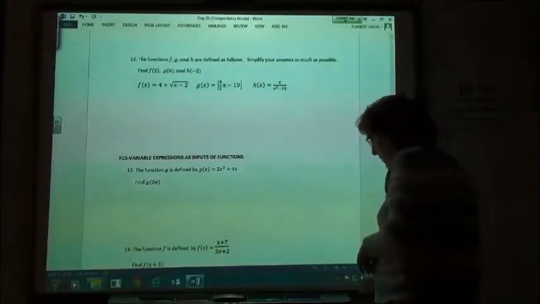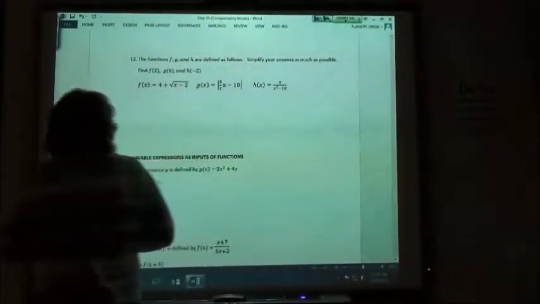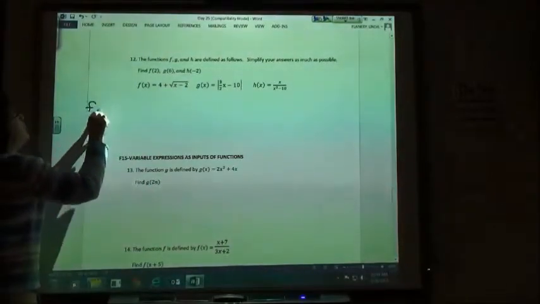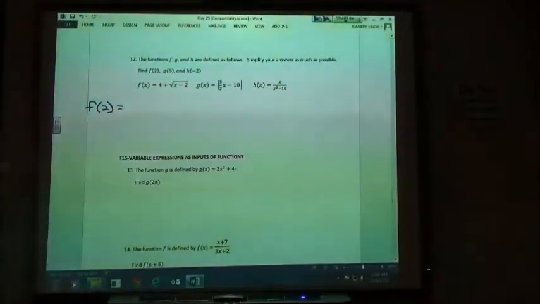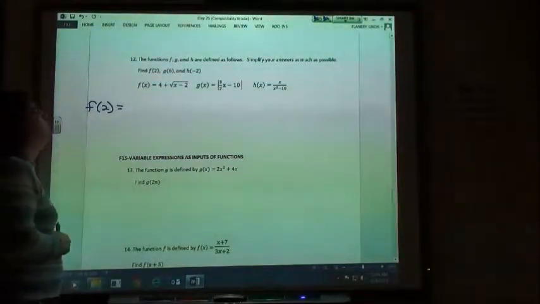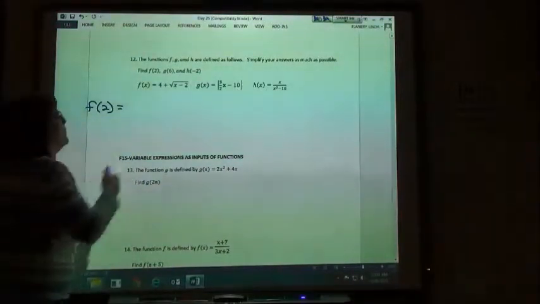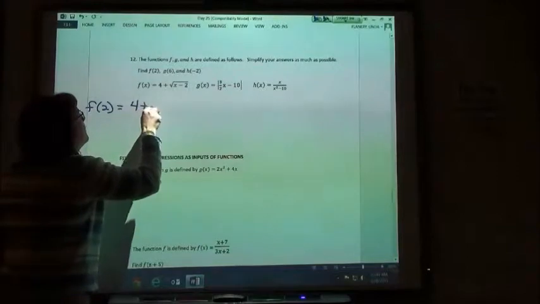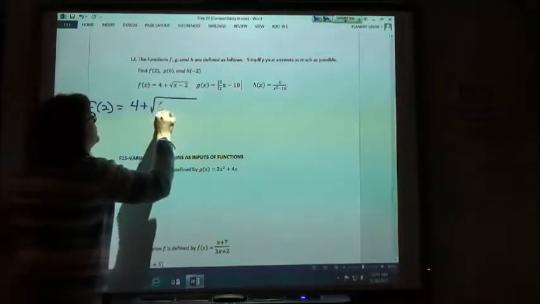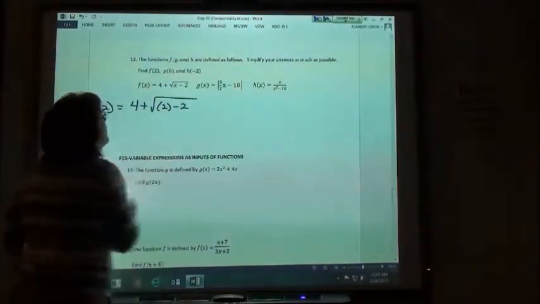Number 12 says we're going to do f of 2 to start with. f of 2 equals 4 plus the square root of 2 minus 2.